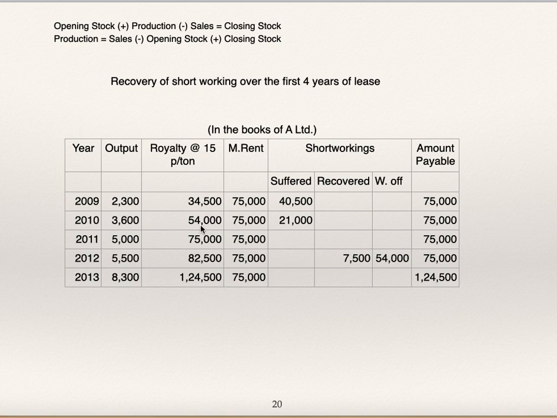That is how you are supposed to find out this output. Royalty is 15 per ton, so output multiplied by 15, you will get royalty.